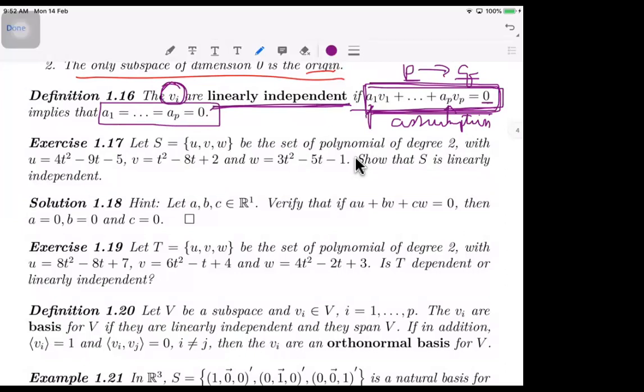Otherwise, if there exists some Ai that is not equal to 0, then we say that the Vi are linearly dependent. So that is the opposite. Since it is for all of them, if only one is not equal to 0, it means the Vi are linearly dependent.